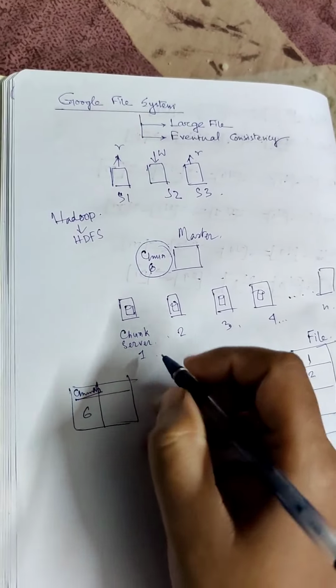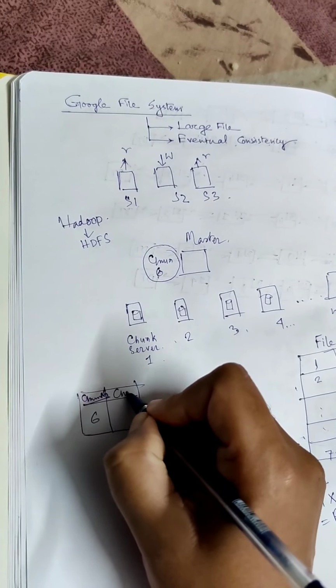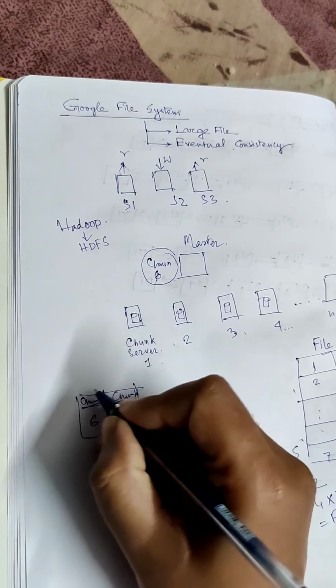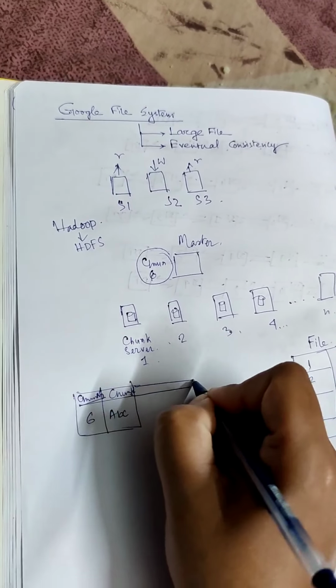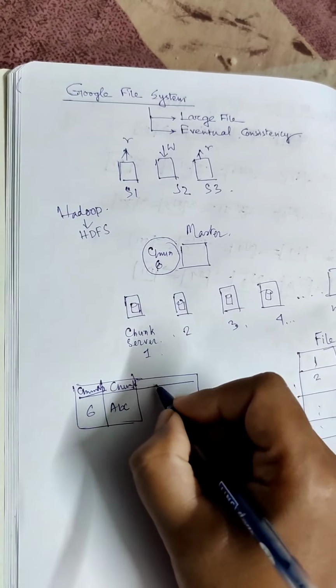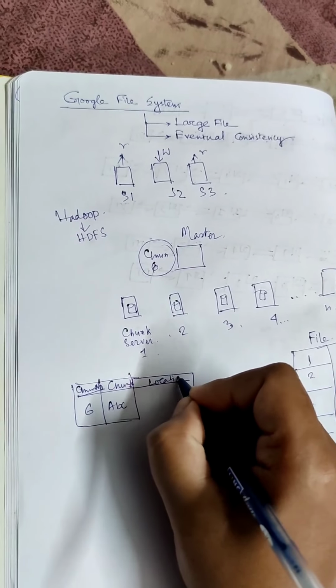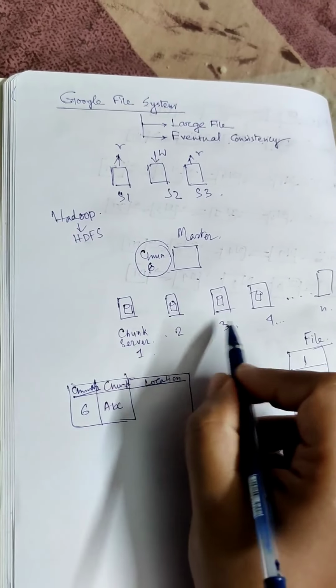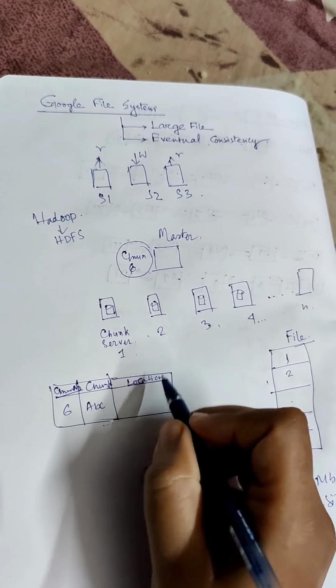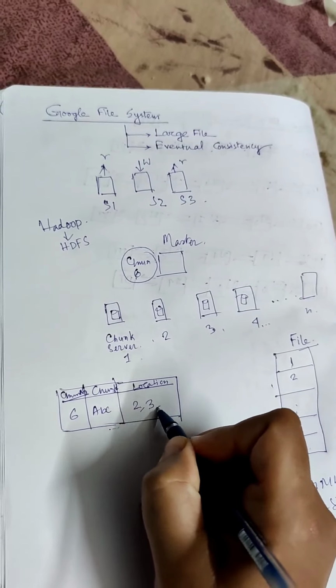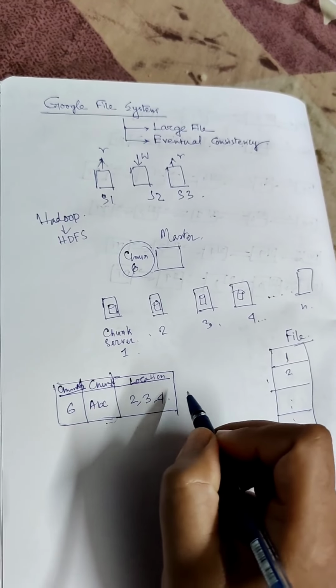It has a chunk ID for this chunk number, say abc, and it has something called locations. In the locations it has the chunk server IDs where chunk 6 lies. For example, I keep 234 here, which means chunk 6 lies on servers 2, 3, 4.